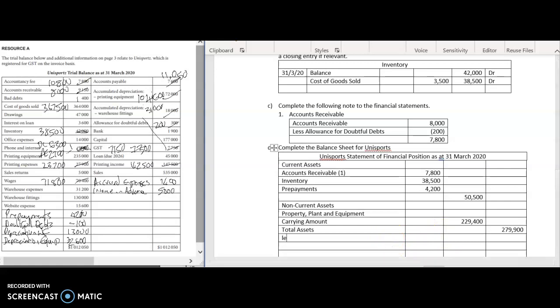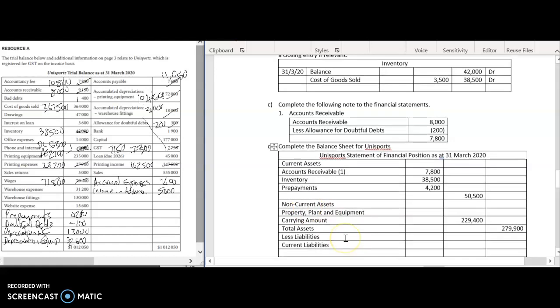Alright, less liabilities. Feels like we're almost on the home straight with this. So current liabilities first. So again, looking down the right hand side, our credit side, and we start off with accounts payable.